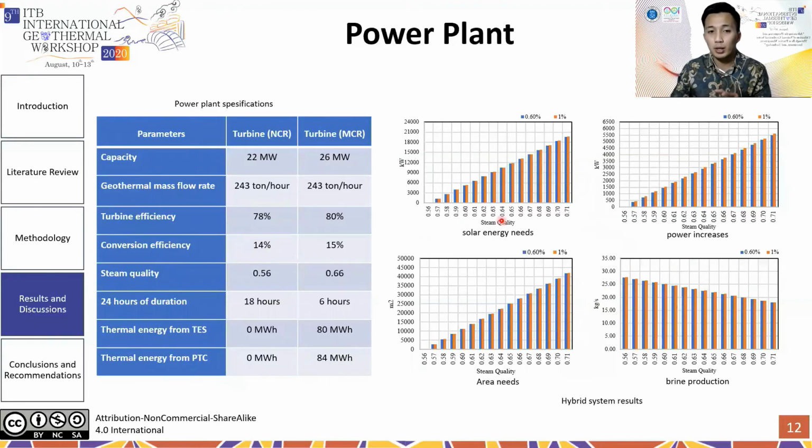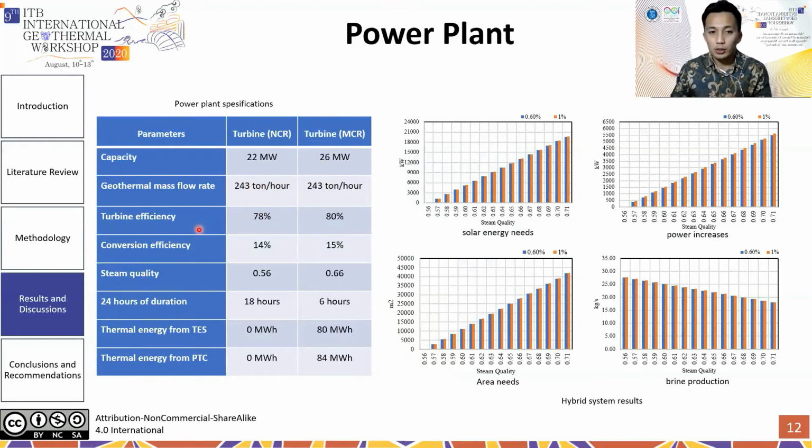And this is the power plant. The power plant will operate in two conditions. NCR means the normal condition rating, and MCR is the maximum continuous rating. The capacity will be 22 megawatt in NCR, and 26 megawatt in the MCR. The geothermal mass flow rate will be the same for the NCR and the MCR, with a number of 243 tons per hour.